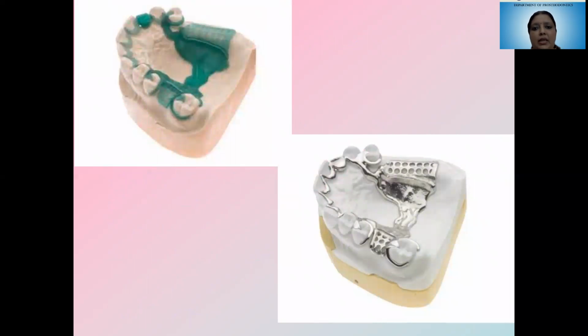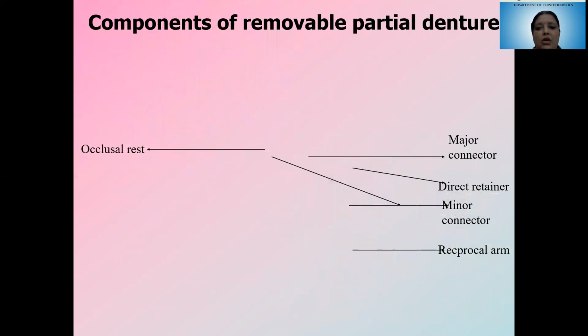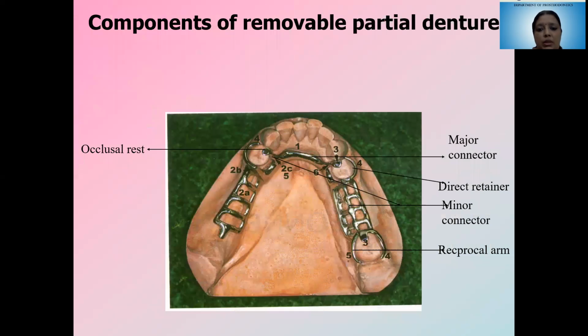Before we end, let's quickly take a look at a few clinical scenarios that can come. Like I told you, while fabricating, we have different clinical scenarios for which we have different designs of removable partial dentures. For making the wax pattern also, we have different specific designs. So how do we determine that? For that, we need to know the different components, which we will be learning in subsequent lectures.